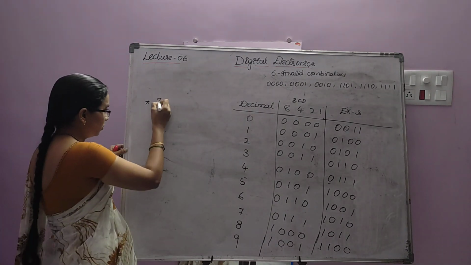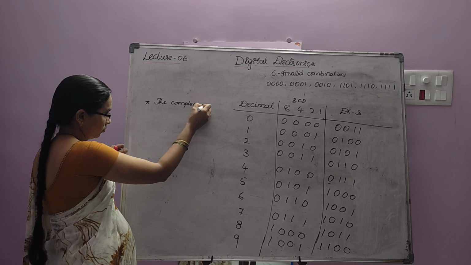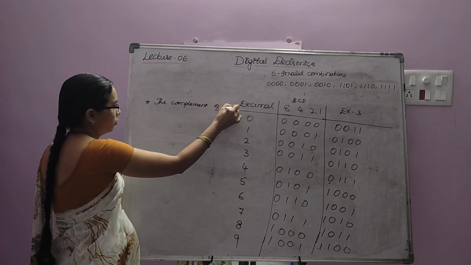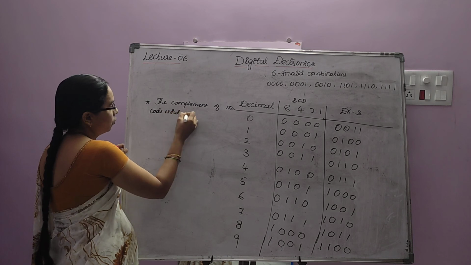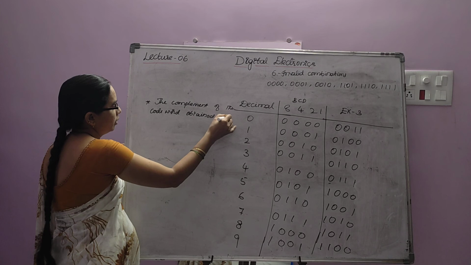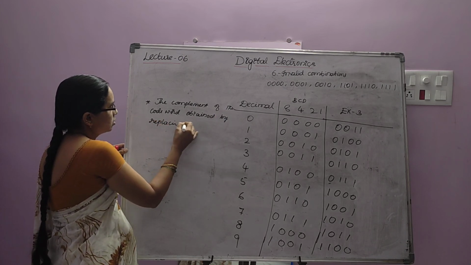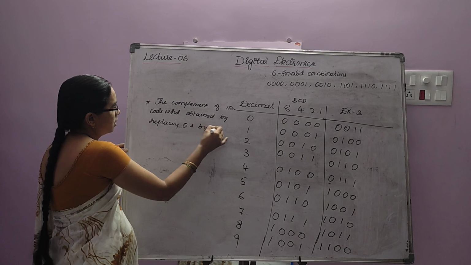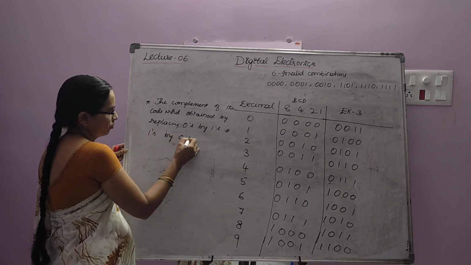The complement of the code word is obtained by replacing zeros by ones and ones by zeros.